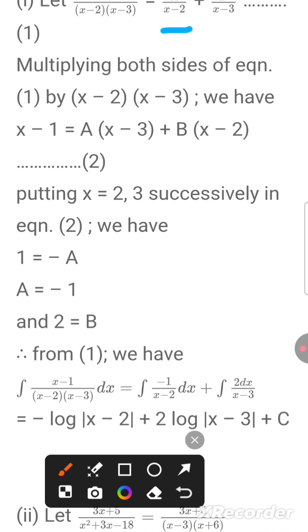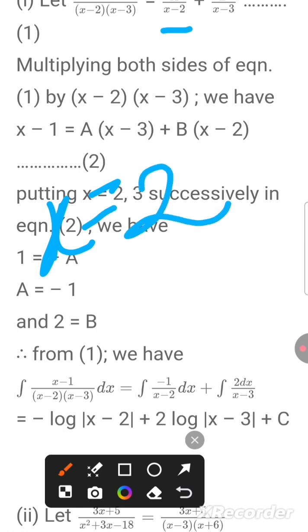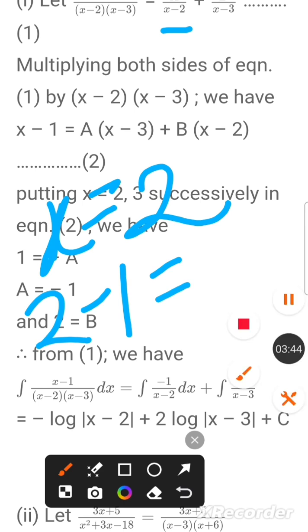Just make a correction: when you put x equal to 2, we get the A value as minus 1.